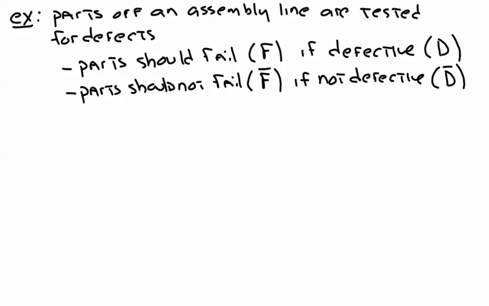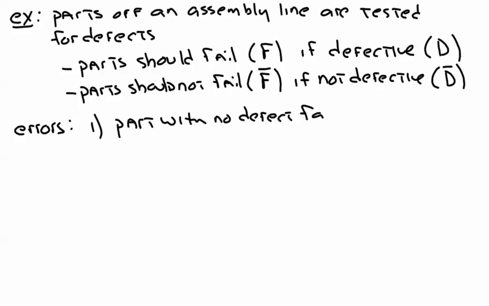But I can make errors. I've got two types of errors that I can make. The first error is a part with no defect fails the test. It's possible for a part with no defect to fail the test. No test is perfect.